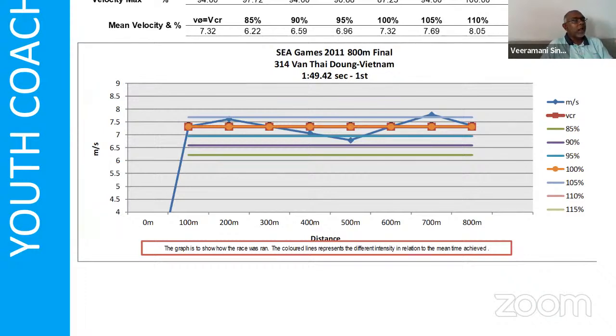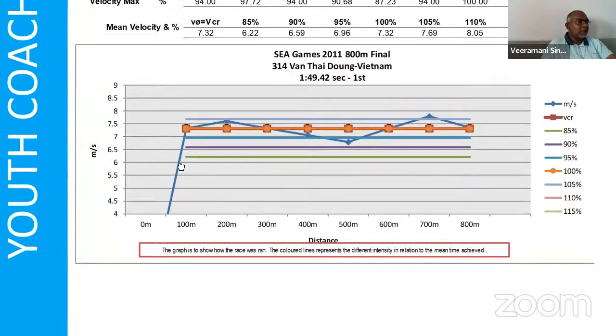So again, not very sprint-like, but because it's championships, it could be due to the championship tactics. But if I were to shift, it could be that the 500-meter low-lying could be slightly higher, and the 700 meters high-lying performance could be slightly lower. So that will be more or less a gradual dip when you are really going all out for performance.